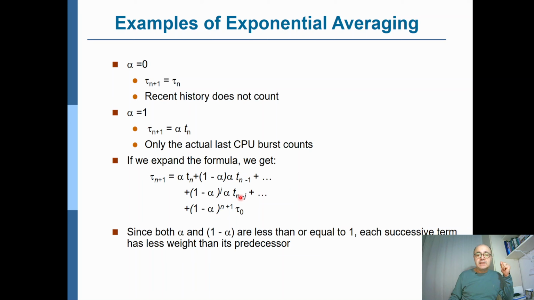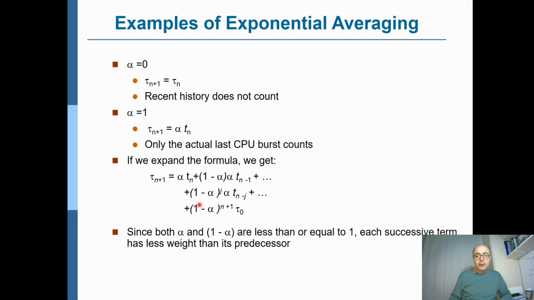But other than that, that's the only estimation left. The rest is actually just the observations, but the weight is 1 minus alpha to the j for Tn minus j. Now remember that this 1 minus alpha is a value typically less than 1.